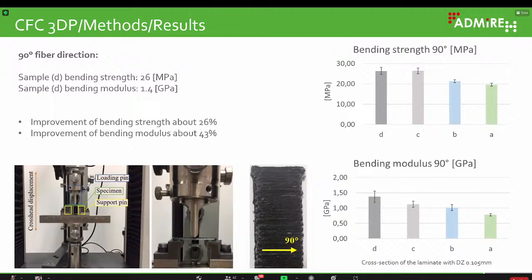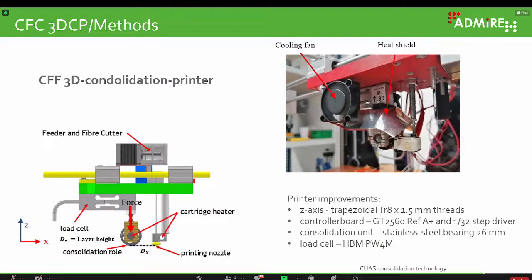But with this consolidation technique from Markforged, we are quite limited in the consolidation pressure, because the nozzle tip gives a little bit of grinding on the filament and too much mechanical load. So the fibers are breaking, and then the material loses its reinforcing behavior.